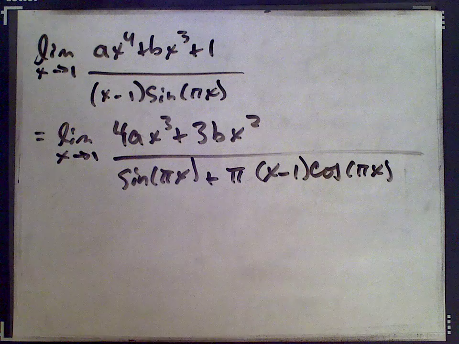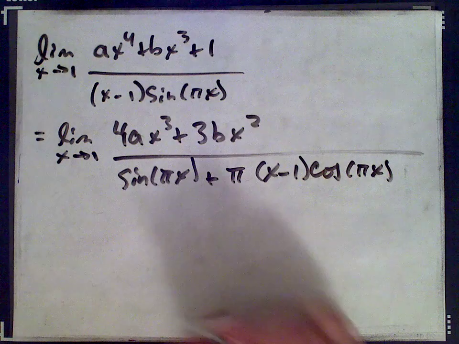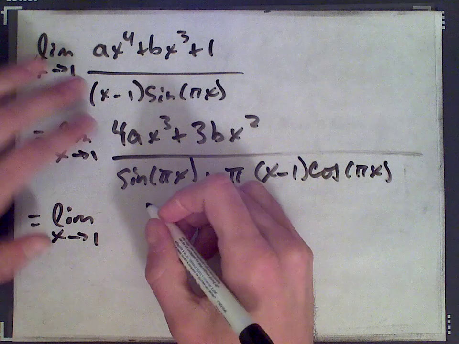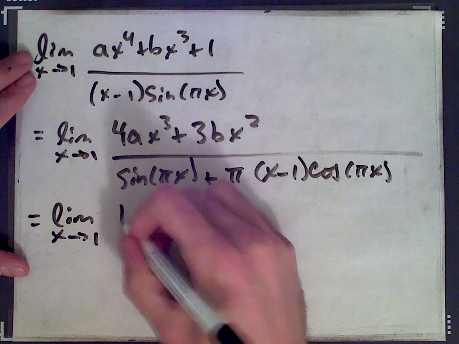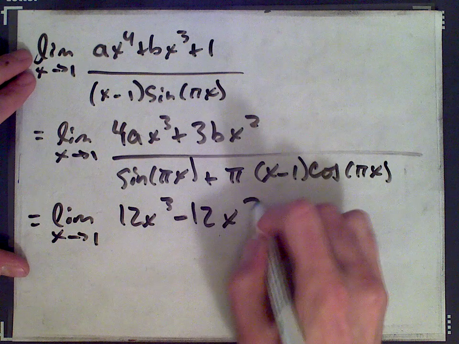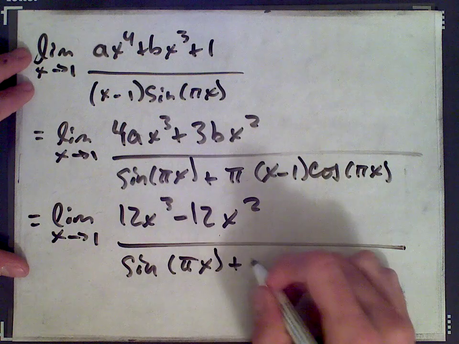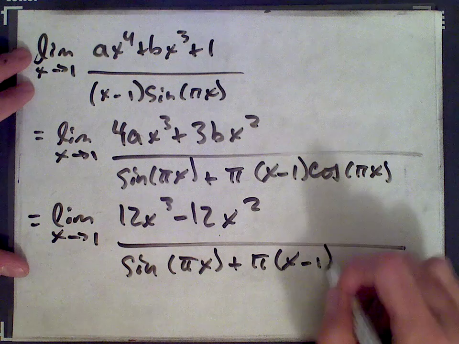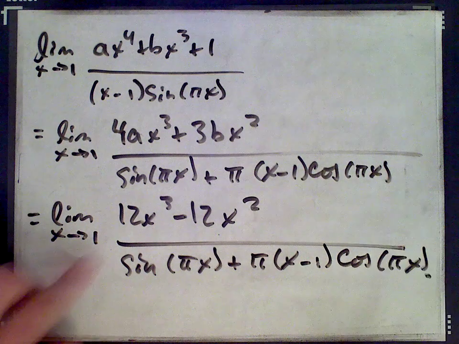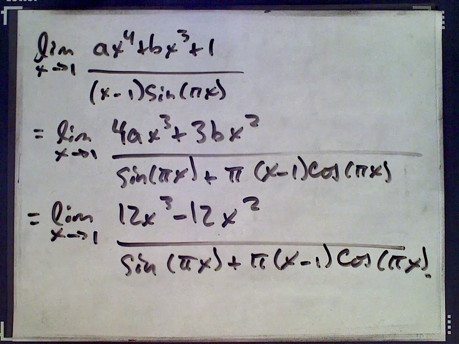Plugging in a is 3 and b is negative 4, this is the limit as x goes to 1 of 12x cubed minus 12x squared divided by sine of pi x plus pi times (x minus 1) cos of pi x. So we solved for a and b in the previous step, and now we've plugged them into our function after applying L'Hopital's rule once.